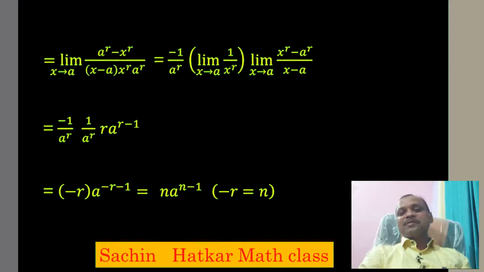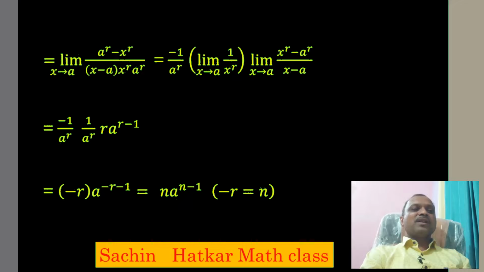Now again in the numerator we can take minus common, and that will become x raised to r minus a raised to r, and then we can take x minus a as a factor, and we know how to find the limit as it comes under the first case, and we get this minus 1 divided by a raised to r into limit of this 1 divided by x raised to r and the limit of x raised to r minus a raised to r divided by x minus a, and we know what the limit of this is: r into a raised to r minus 1.